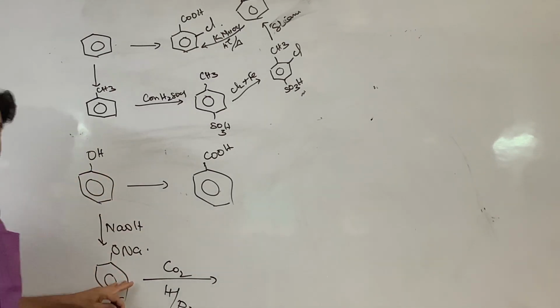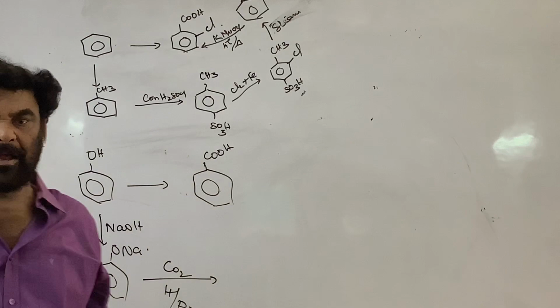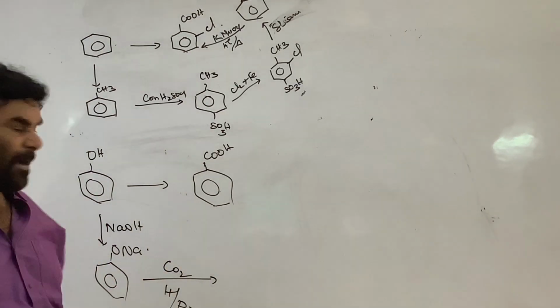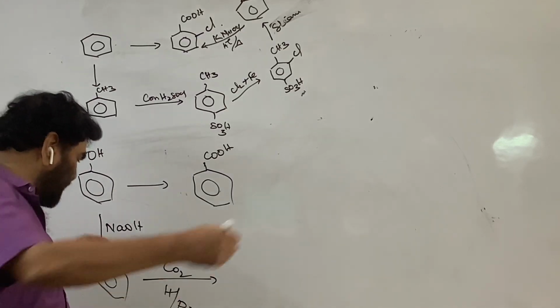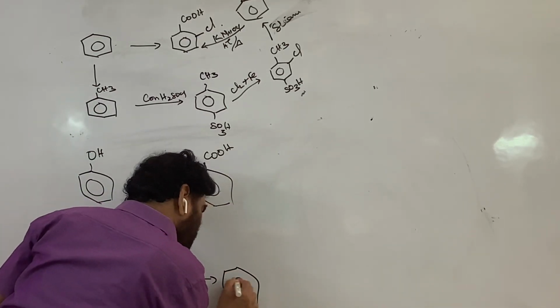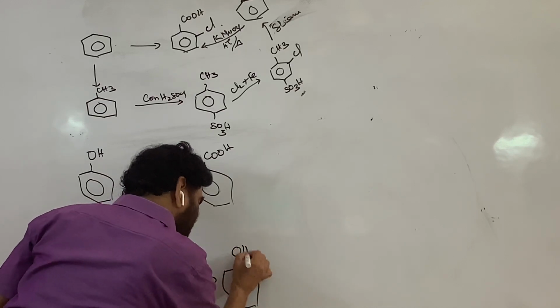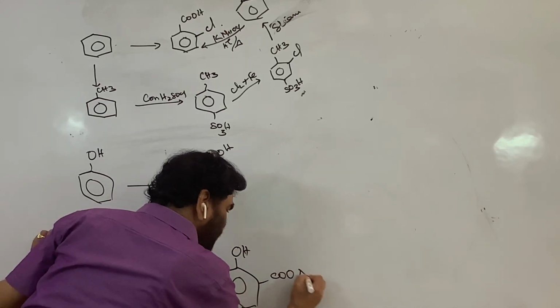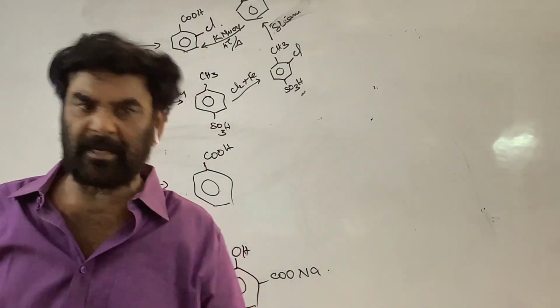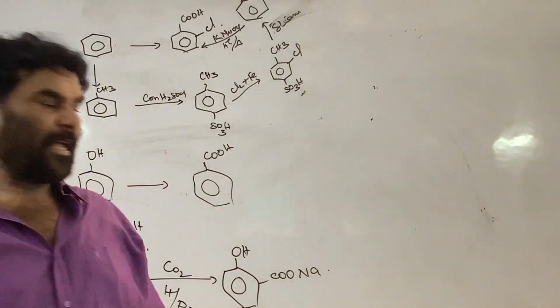Phenol can be converted into sodium phenoxide or into potassium phenoxide. With potassium phenoxide, COOH is at the para position, and with sodium phenoxide the COOH group is introduced at the ortho position. Now you have the sodium salt of orthohydroxybenzoic acid, which is called salicylic acid.